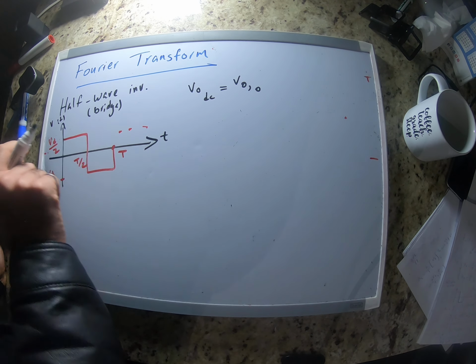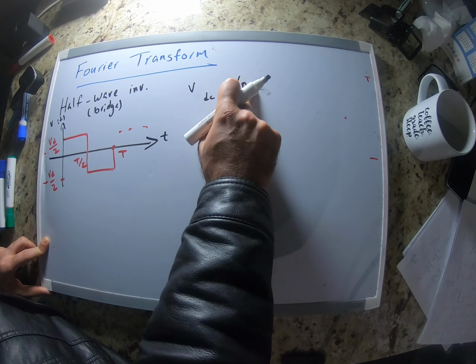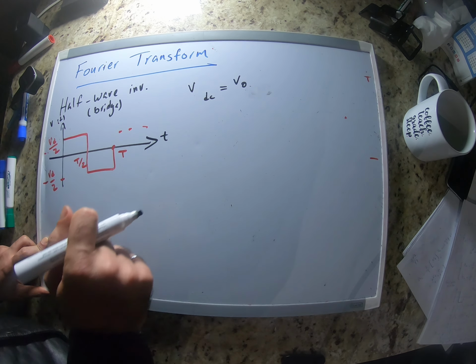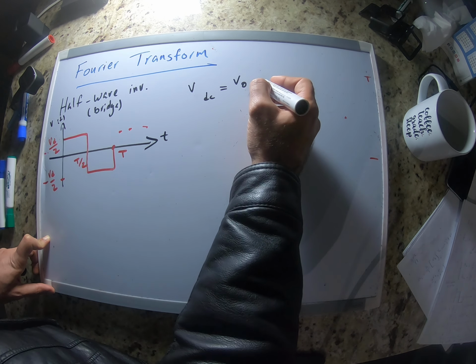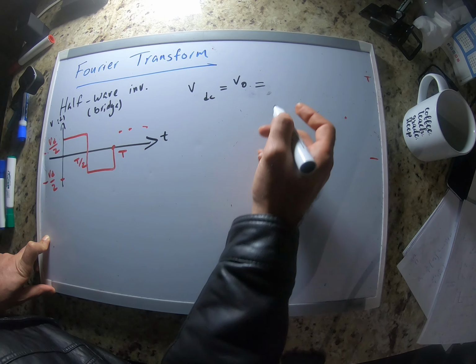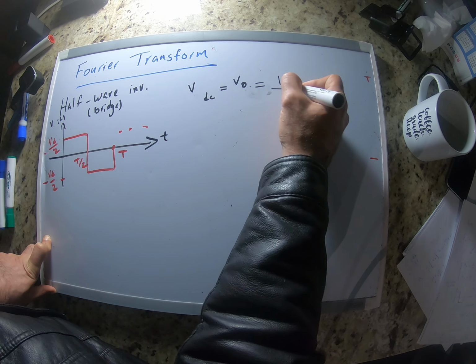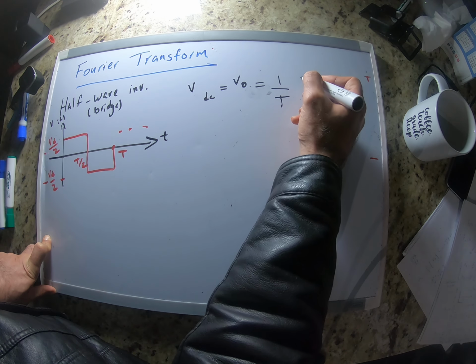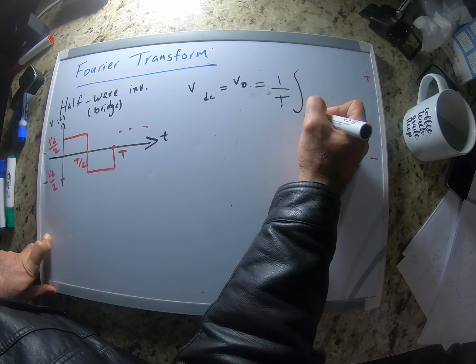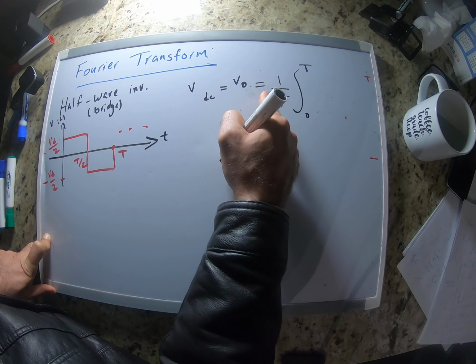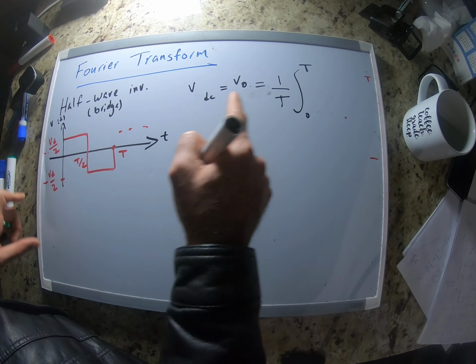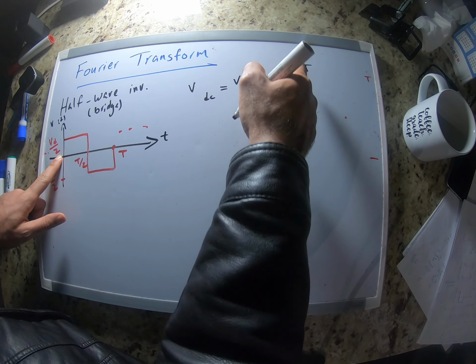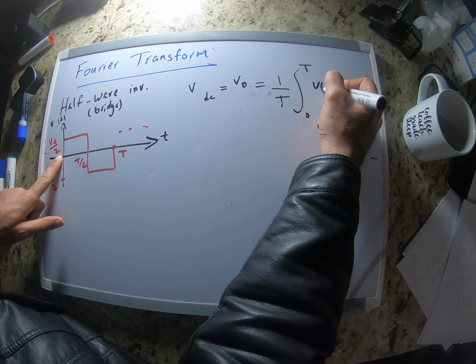Let me just call it VDC or V0. Okay, you already know this. The DC value of a signal is 1 over T integral from 0 to T, basically over the period of the signal, Vt dt.